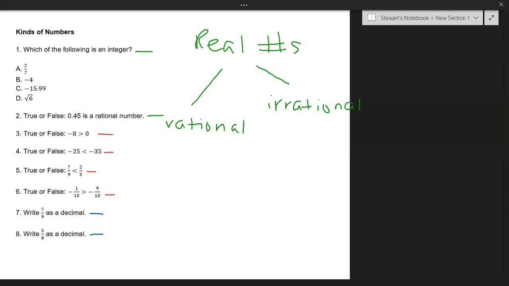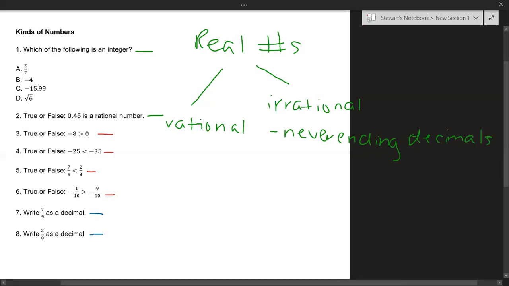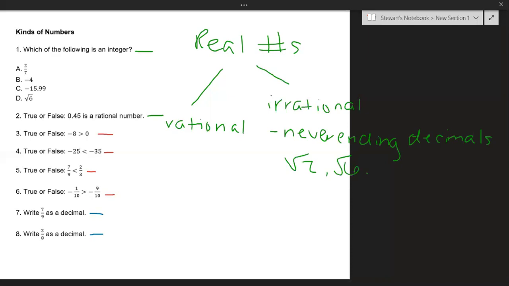Those would be never-ending decimals. That would be numbers that go on forever. That'd be like square roots, like the square root of 2, square root of 6, pretty much any square root that's not a perfect square already will fall in this category.